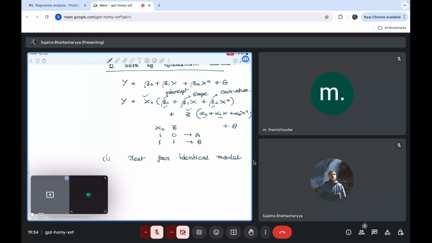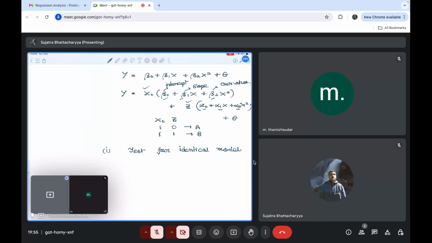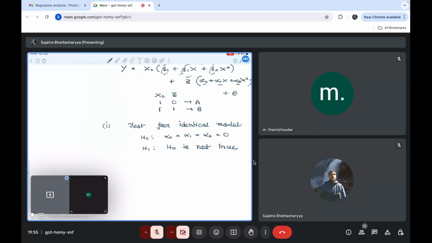Therefore, alpha naught, alpha 1, and alpha 2 will all be 0 as your null hypothesis. Alpha naught is equal to alpha 1 is equal to alpha 2 equals 0, and H1 is when H naught is not true. You now know how to do this using extra sum of squares, so you can easily calculate the degrees of freedom and do so.